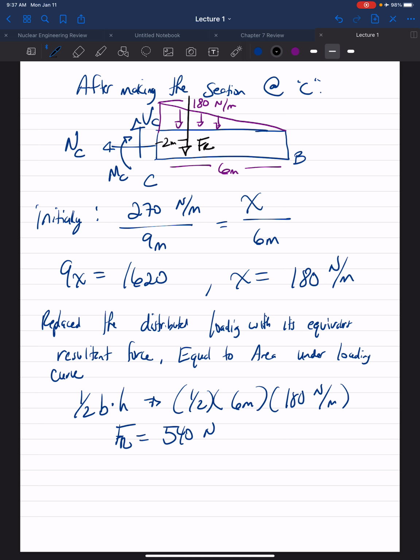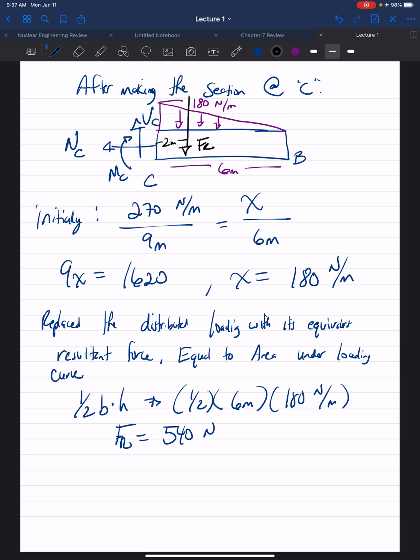We found our resultant force from the loading. This is 4 meters, and that's 2 meters. So now we can begin working and solving the problem.